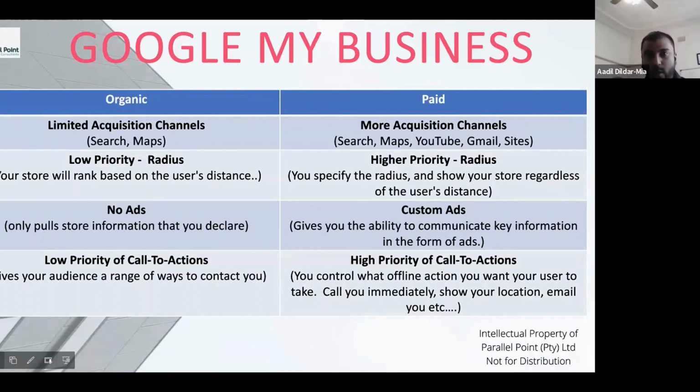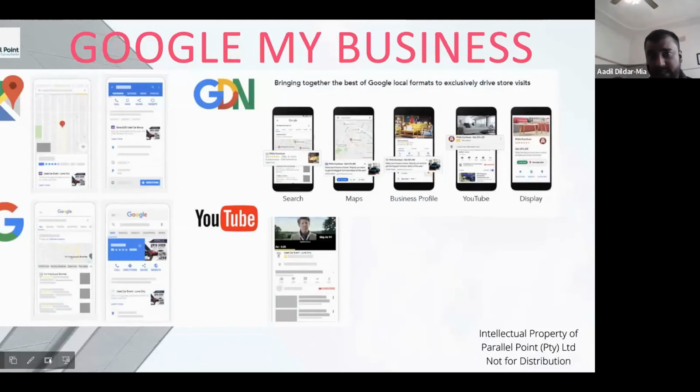So we've got a lot more priority in terms of calls to action when it comes to the paid side. So these are just the benefits between the paid and organic, and it's good to find a balance between the two actually. So on Google My Business, you can see the ads, how they show on search, maps, on your business profile, YouTube, and display.